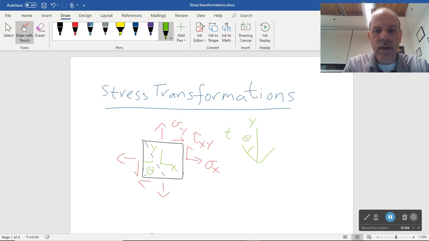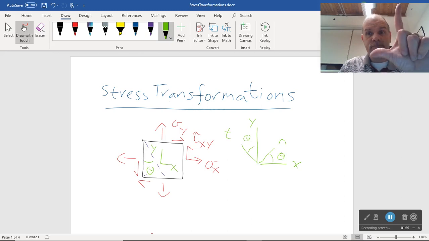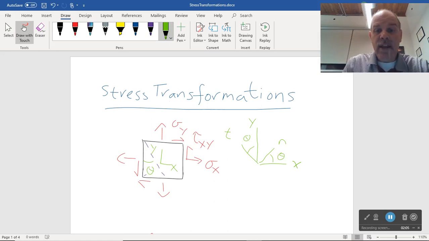And here's theta. Perpendicular to T, I'm going to have a direction N. And that, of course, is going to be at an angle theta then from the x-axis. Okay, so all I've done is taken my xy coordinate system and spun it up by an angle theta. Theta, we're going to say, is positive if counterclockwise.